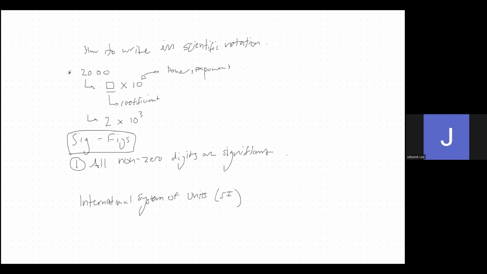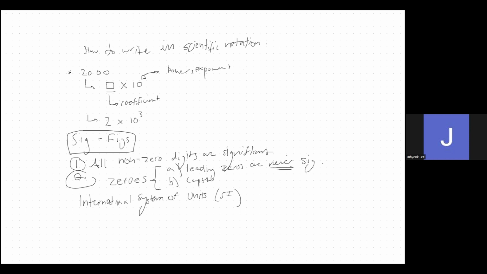All right. Number two, here are some rules for zeros. Now, there are multiple rules for zeros that you need to keep in mind. So part A is that leading zeros are never significant. Part B, captive zeros.